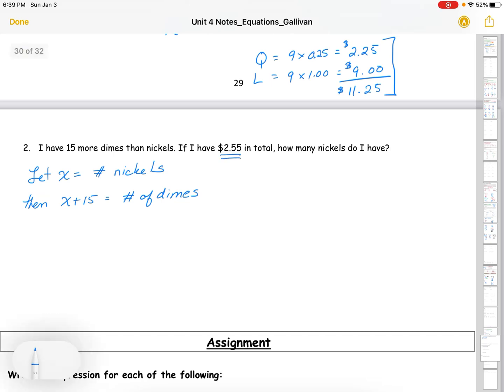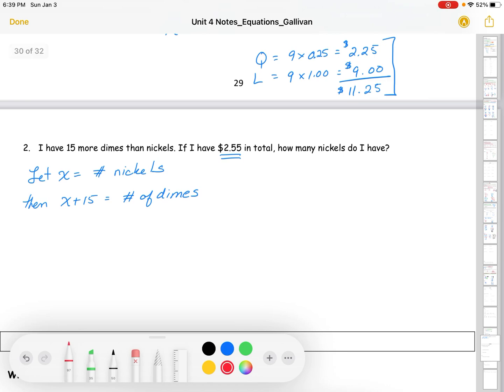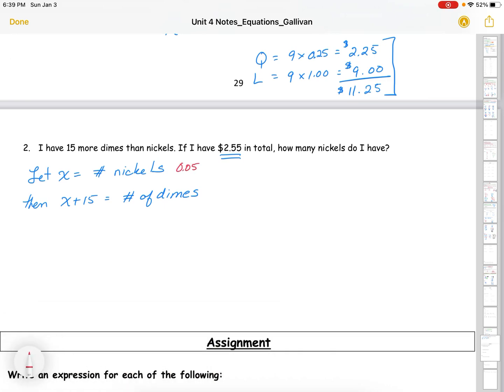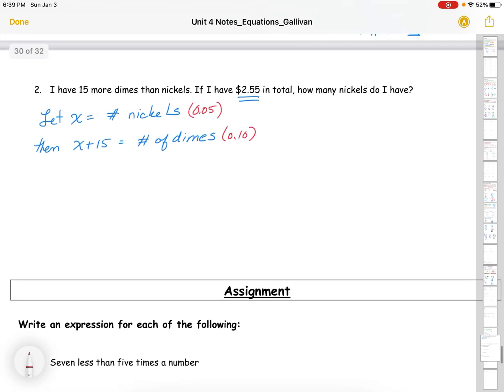This is my total amount. So the value for nickels, if we remember our decimals, is 0.05, and for dimes, it's 0.10. So I'm going to have 0.05x plus 0.10 times (x plus 15) for my dimes, and they total $2.55.